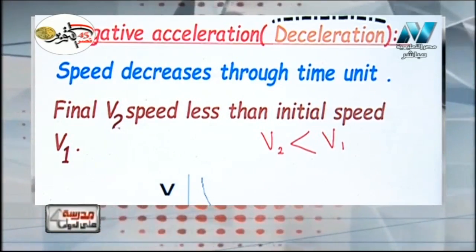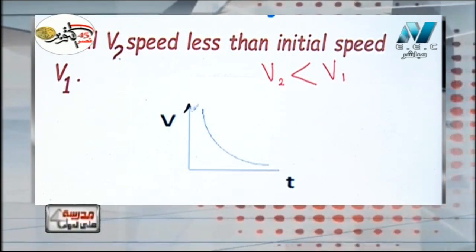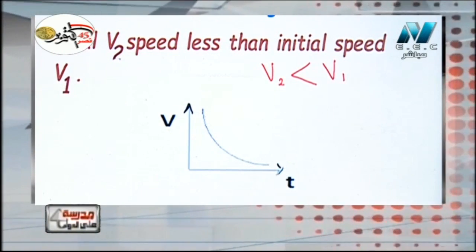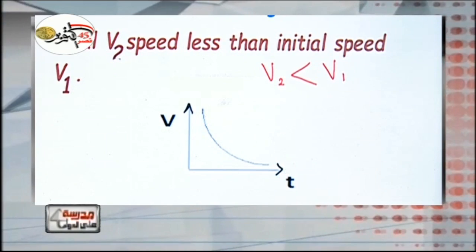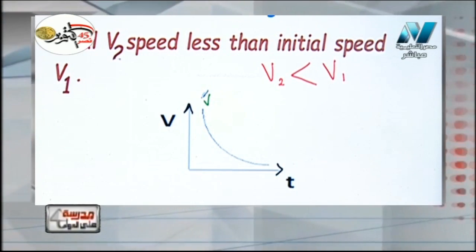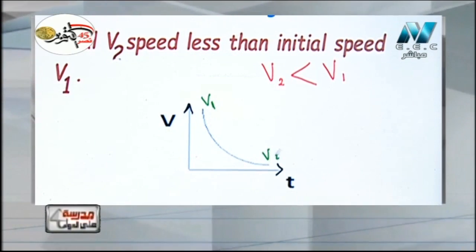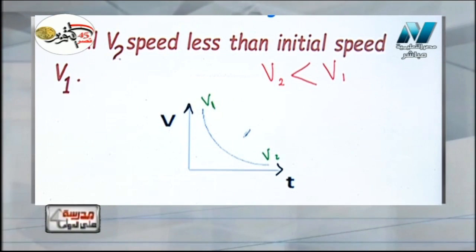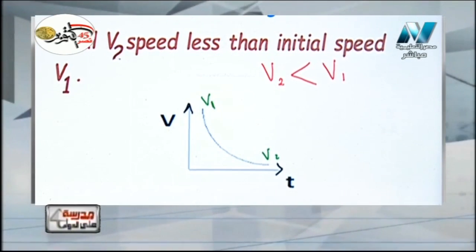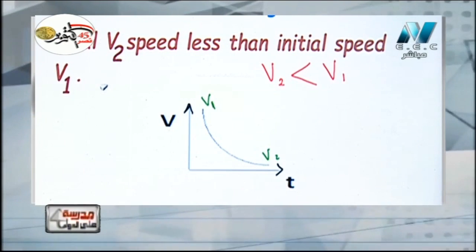The speed decreases as time passes. As we have here two axes, one of them is for speed and here we have T as time. So here we will write V2 or what? No, V1 greater than V2. It means the speed decreases as time passes. Maybe we use the brakes to decrease the speed as time passes.